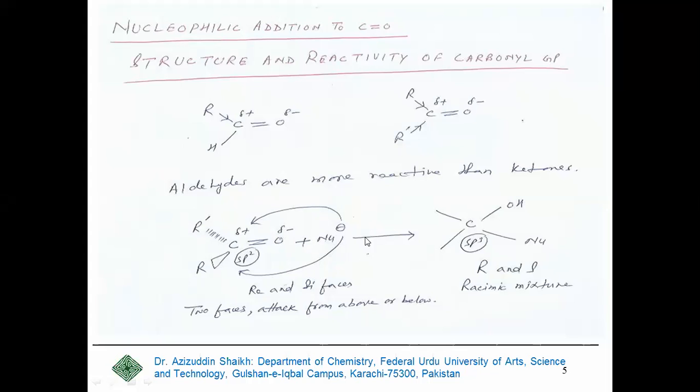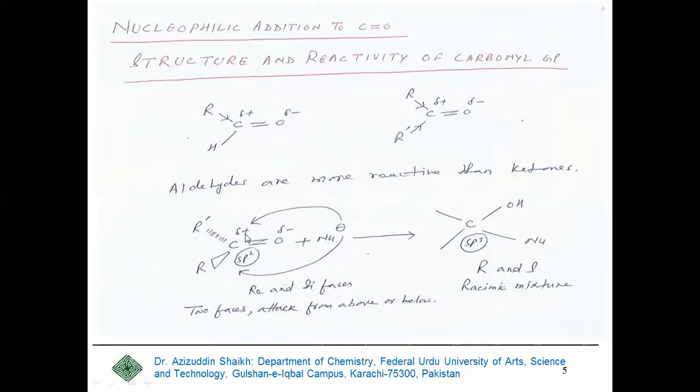Two faces are available for attack. The nucleophile can attack from the top face, and it can attack from the bottom face. One face is called the Re face, and the second face is called the Si face. Two faces are available for attack, above and below.